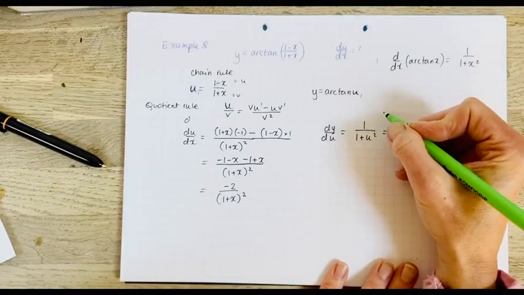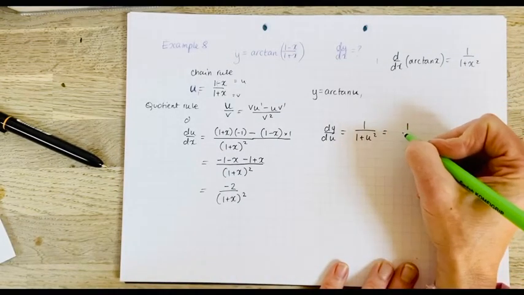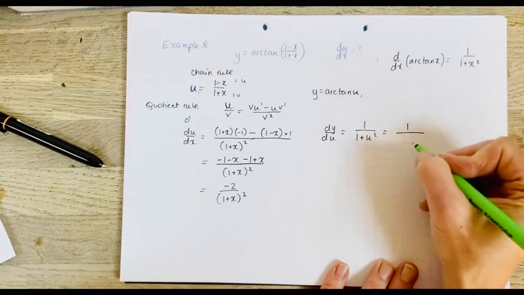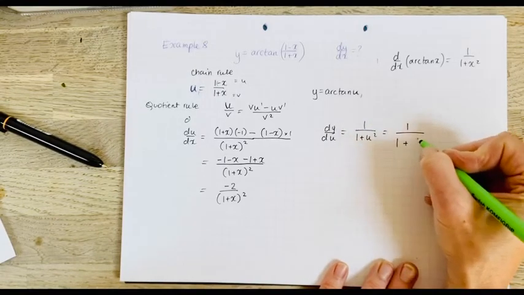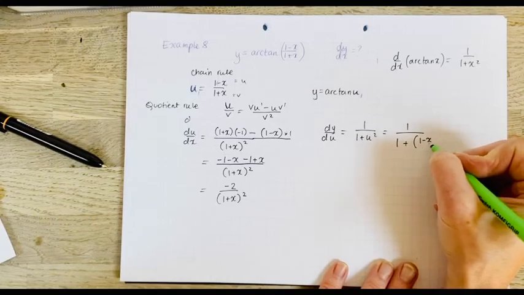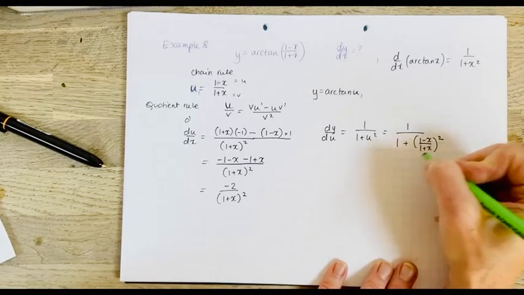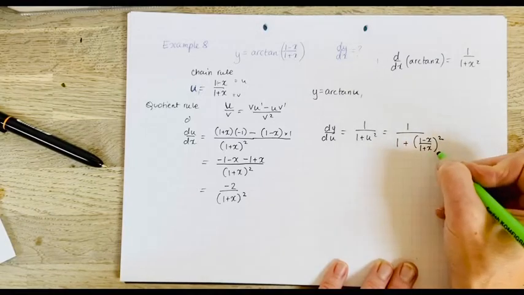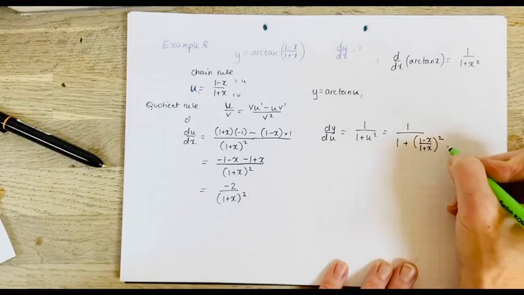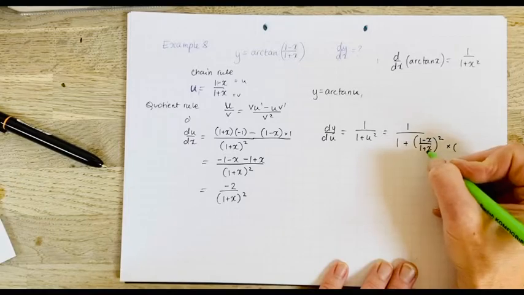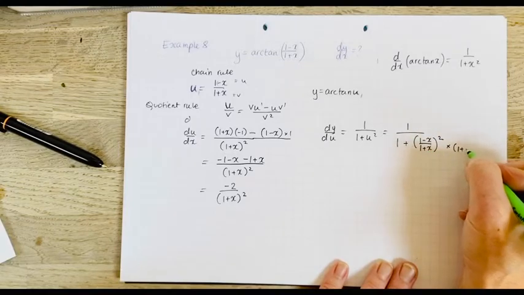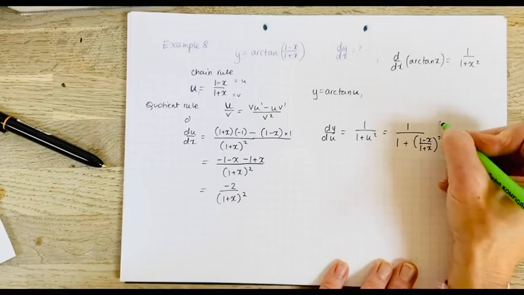If u is equal to 1 minus x over 1 plus x, let's just rewrite it in terms of x. So let's get rid of that double-decker fraction by multiplying it by that denominator, by 1 plus x squared.